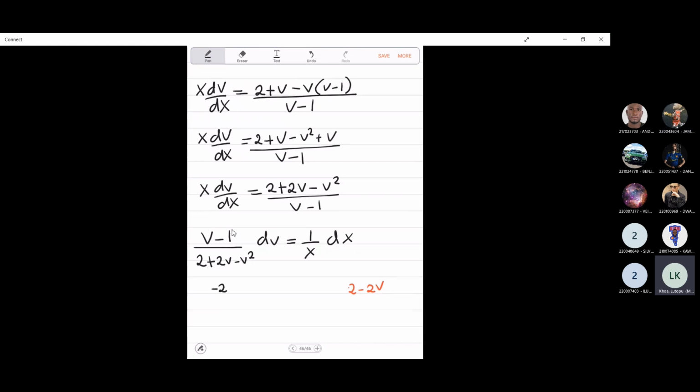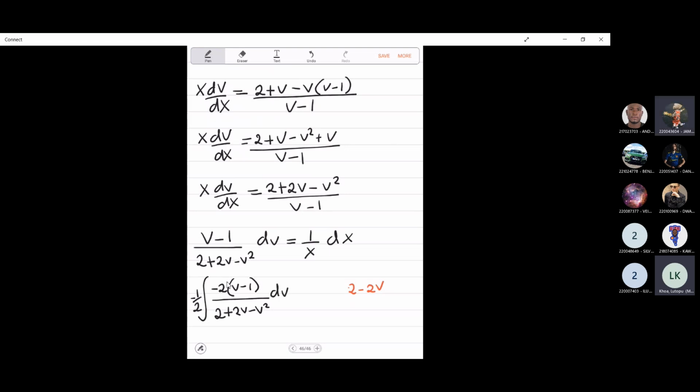Then I have v minus 1 over 2 plus 2v minus v squared. And to make sure I don't change the question, this minus 2 that I have added here, I need to remove it by multiplying by minus a half outside dv.